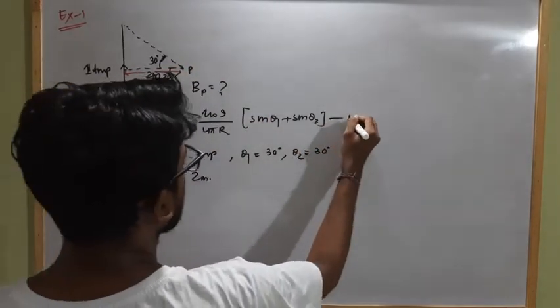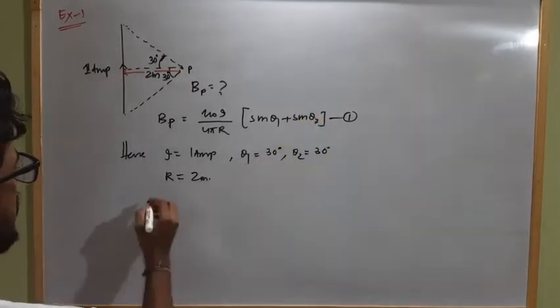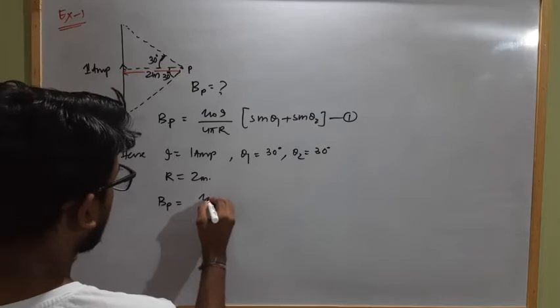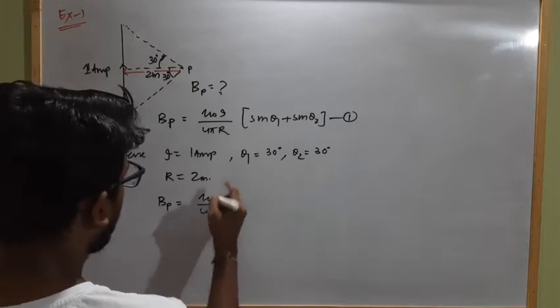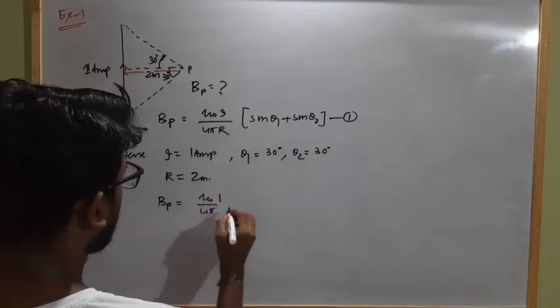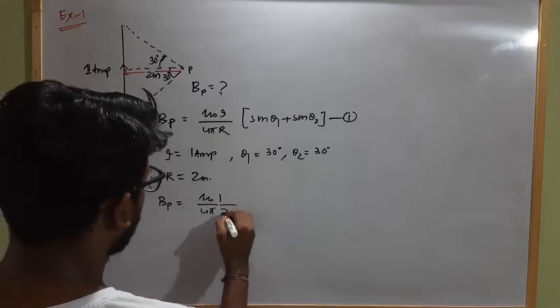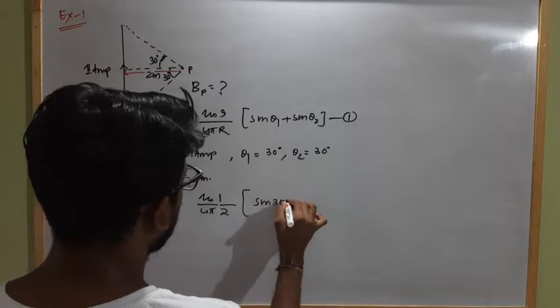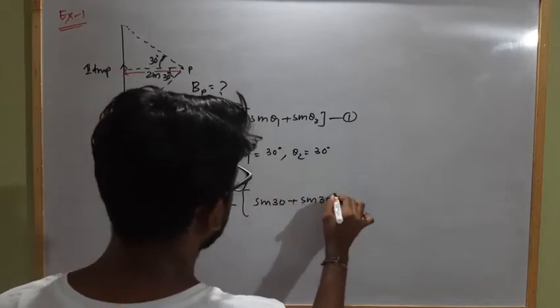So using all the given data in equation 1, we will get the magnetic field strength at point P as mu naught by 4 pi, in place of I we write 1, in place of r we write 2, all in SI system, into (sin 30 plus sin 30).